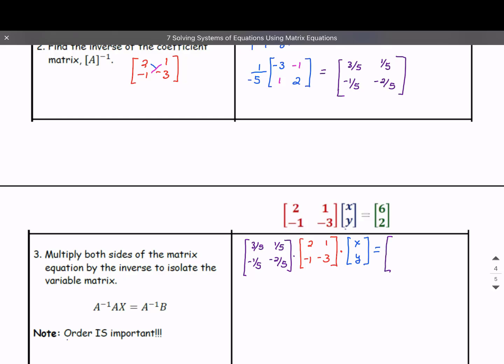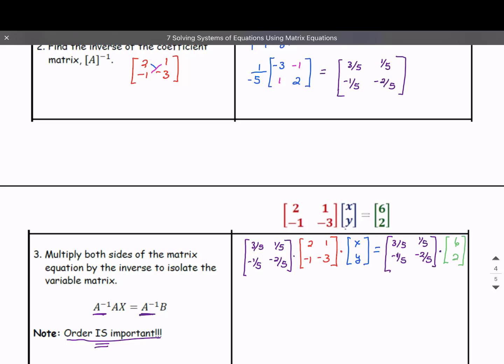And remember, order is important. The inverse has to be first on both sides of the equal sign. So it was 3/5, negative 1/5, positive 1/5, negative 2/5 times our constant matrix, 6, 2.